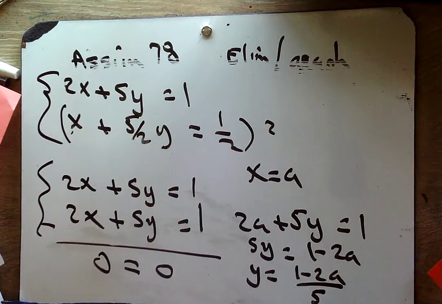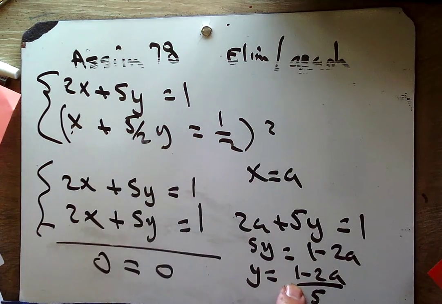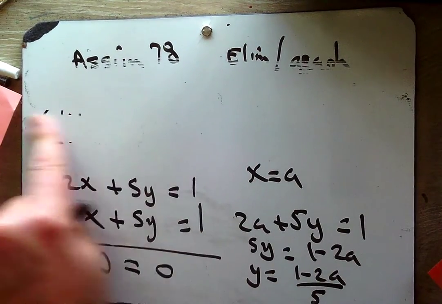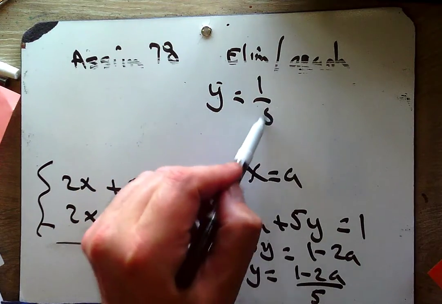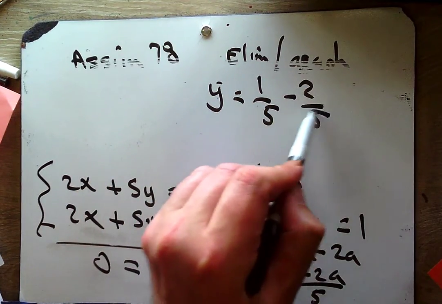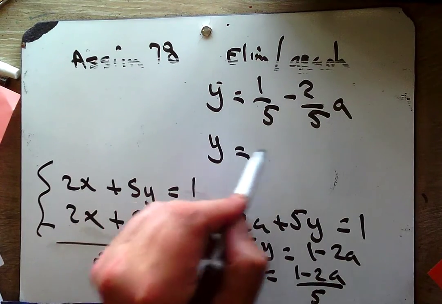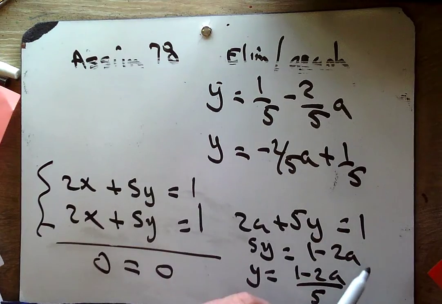Now, I will say that most students like doing this. Most test writers like saying that's y equals 1/5 minus 2/5 a, or even y equals minus 2/5 a plus 1/5.